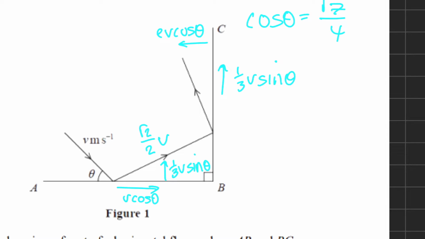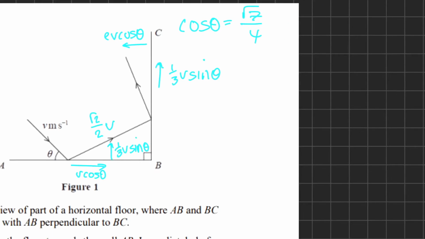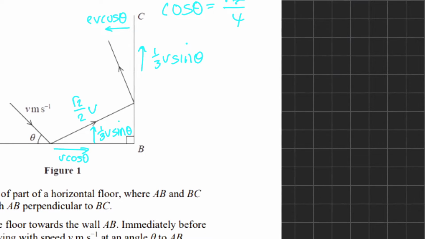Now this gives us the two components of the final velocity, so we can form a kinetic energy equation just using that. So let's have a look. We know that once again, the final KE equals a half of the initial KE, because it loses another half of its kinetic energy. So let's turn this into an equation.